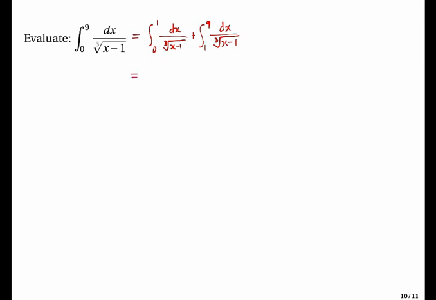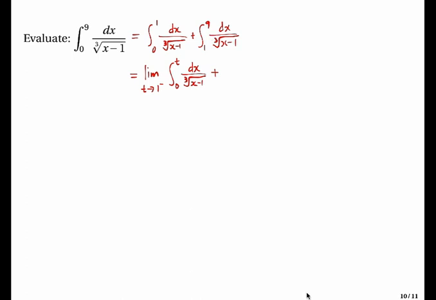So we write the limit, for this guy here, as t goes to 1 from the left, of the integral from 0 to t of dx over cube root of x minus 1, plus, for this guy, we use another parameter.